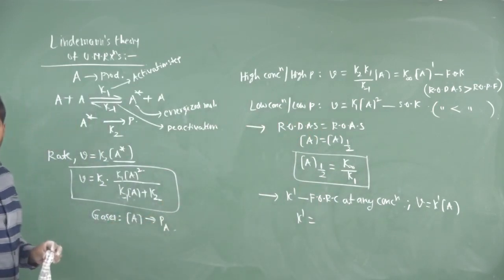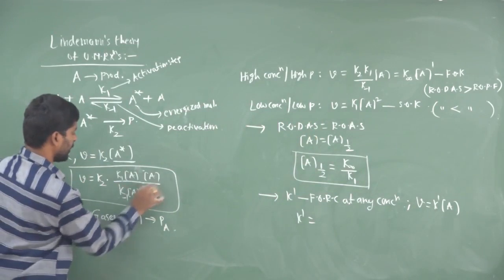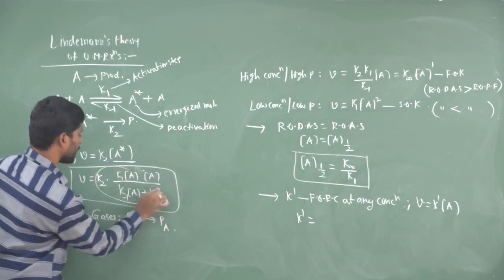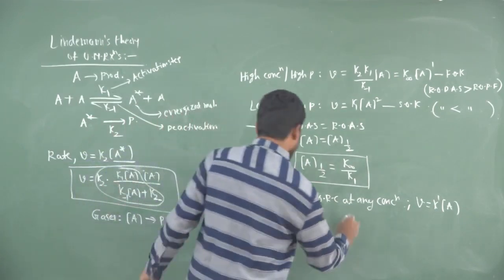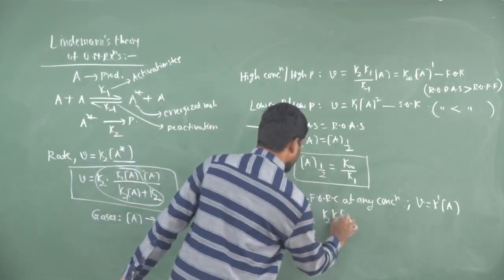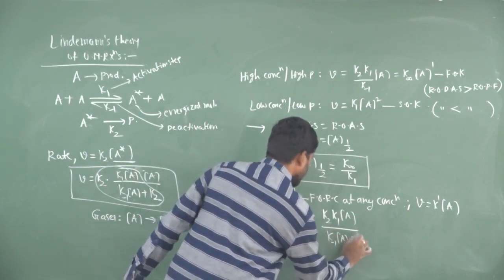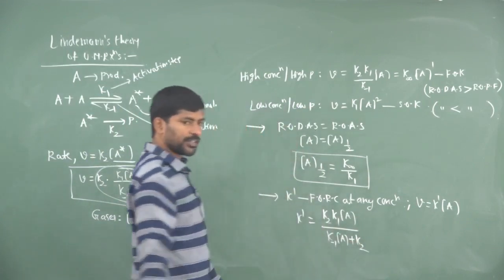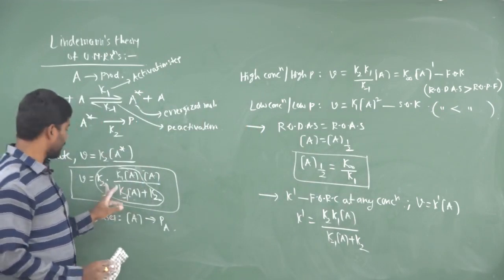First order rate constant means we get K dash into A. So in the place of K dash we will get K2 K1 into A by K minus 1 into A plus K2.